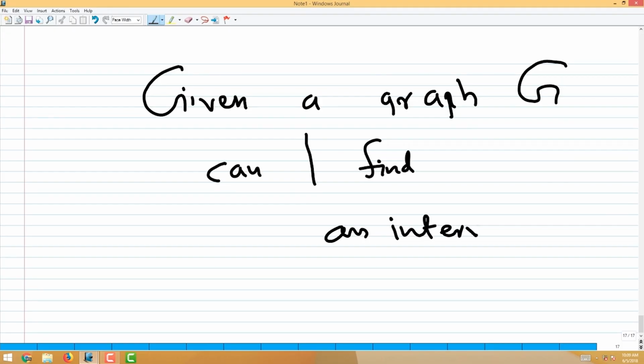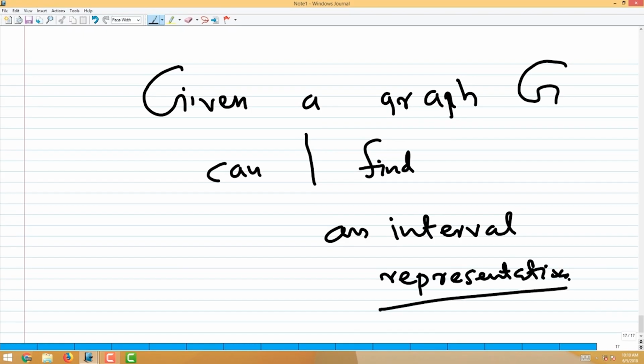That means, can I find a collection of intervals, one interval for each vertex, such that whenever there is an edge between two vertices, those intervals intersect, and whenever there is no edge between two vertices, the intervals do not intersect. That's the interval representation. That means this graph is the interval graph of that set of intervals.